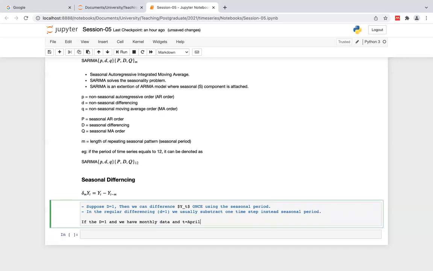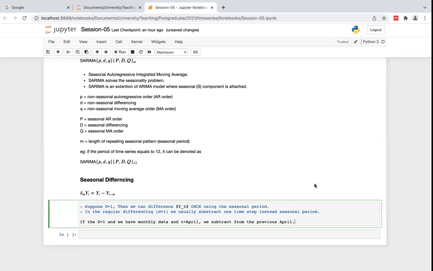Once D equals 1, seasonal differencing by 1 means we subtract the previous April value.